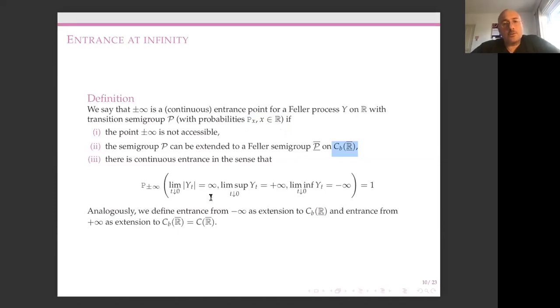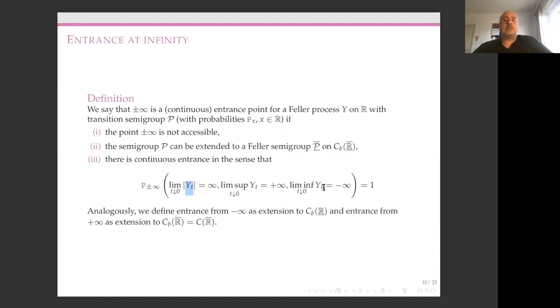And I need also this property that the process, which is written here as y for now, as t tends to 0, its modulus blows up, and its lim sup blows up to plus infinity, and its lim inf blows down to minus infinity.